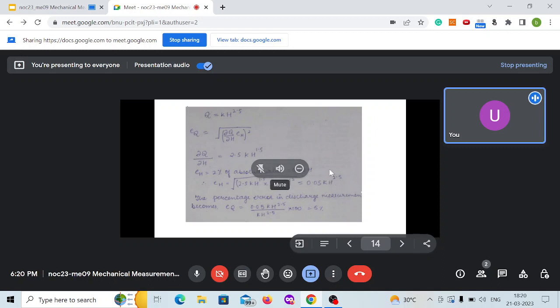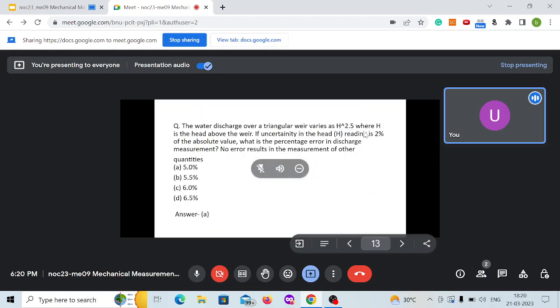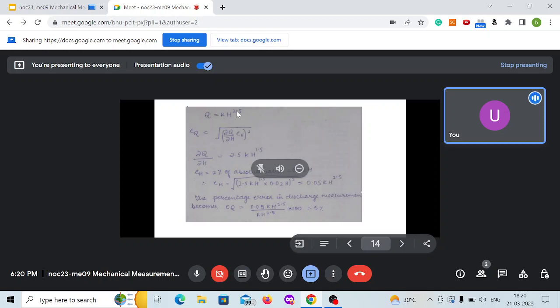This is the uncertainty value for the discharge. In percentage, it's 0.05 k h raised to 2.5 divided by Q, which is k h to the 2.5, into 100, so we get 5%. So you have 5% error for your discharge Q, and your head error is 2%, but as this is a relation of power 2.5, the discharge varies by 5%.